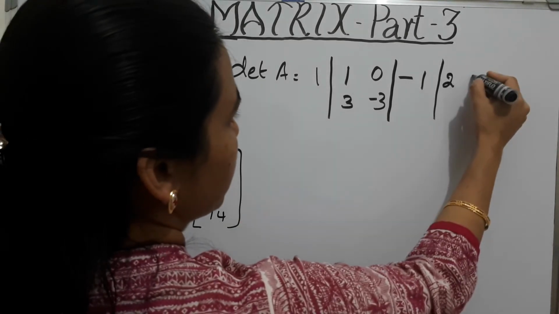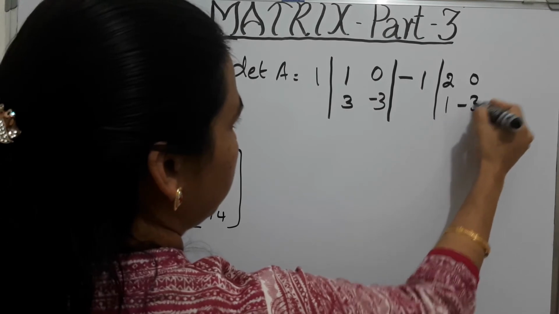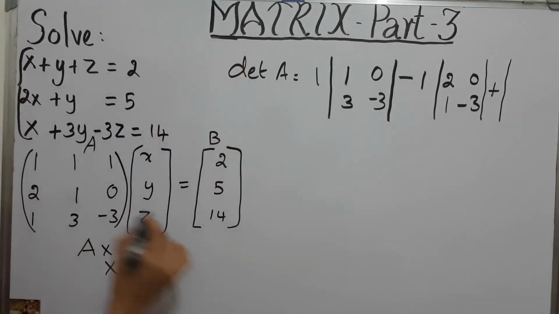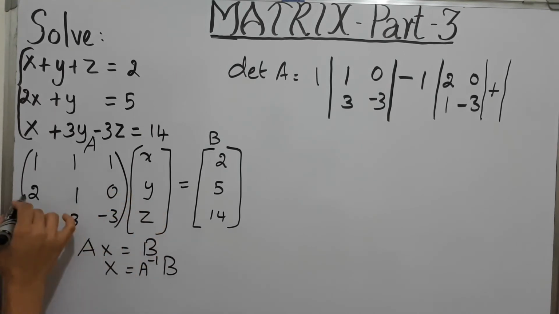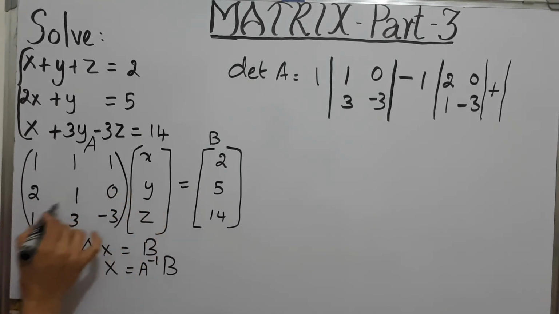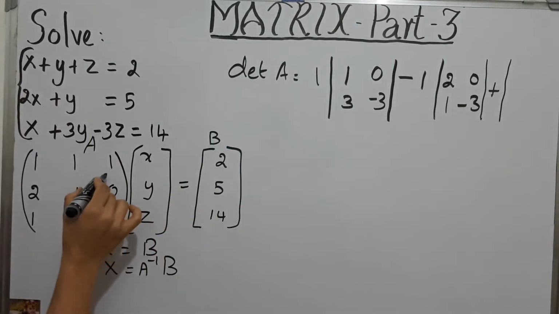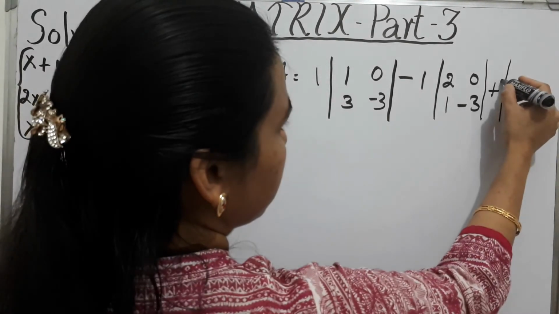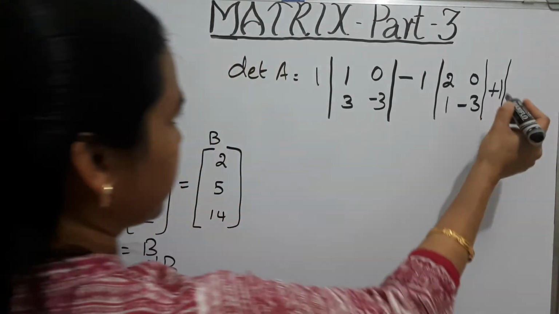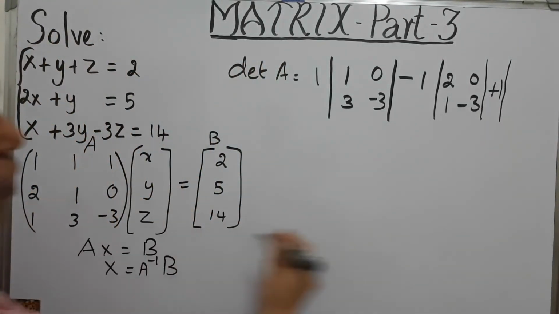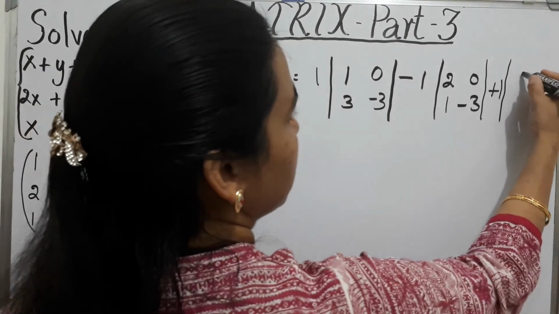Then plus the next determinant, where you ignore the third column and take the 4 elements 2, 1, 1, 3. The third element is 1, so you multiply the third determinant by 1.